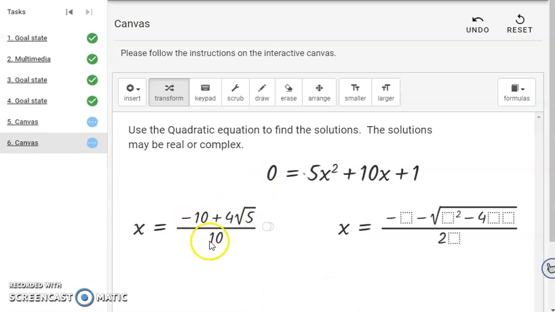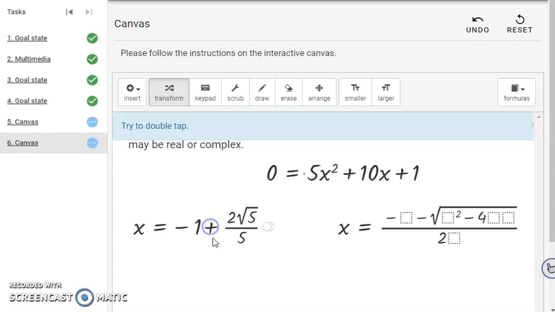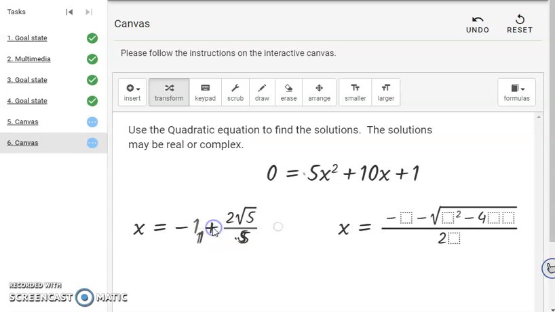10, 4, and 10 all have factors of 2 since they're all even. So if I pull this up, it'll let me separate it. It's going to probably separate this into a fraction. If I try to add this, for example, it's not going to let me do that unless I double click, and then it will change the negative 1 into negative 5 over negative 5 to get us a common denominator.